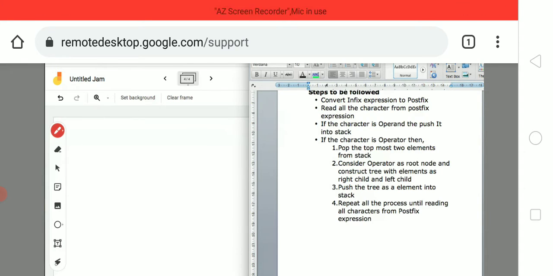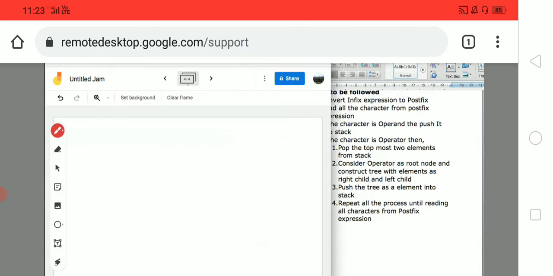Now let us go for an example, a simple example. Here I am taking a plus b simple expression, and here a plus b is an infix expression.